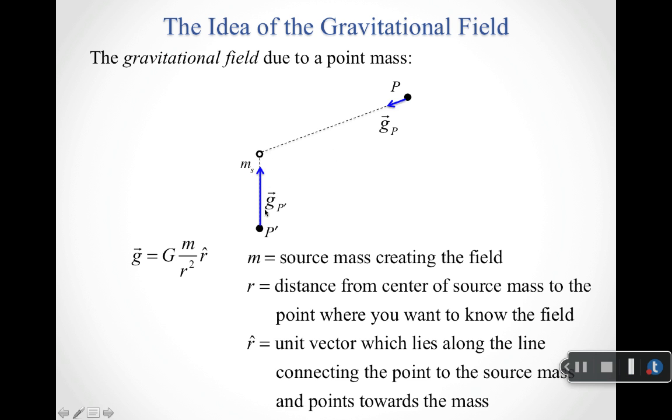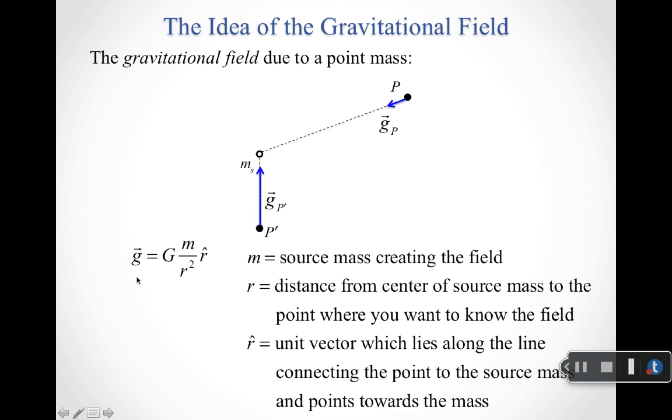If I'm roughly half the distance away at point P prime than I was at point P, then the gravitational field at P prime is probably going to be about 4 times stronger than what it is at point P. And so you notice that in both cases, the gravitational field points back towards my source mass, and it cares about how big the source mass is and how far away you are.